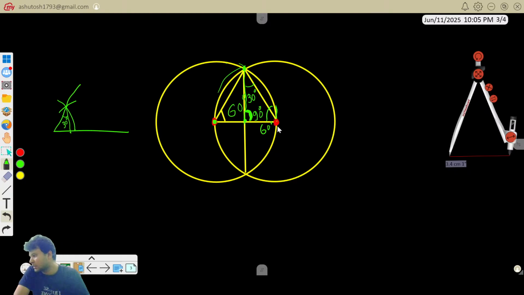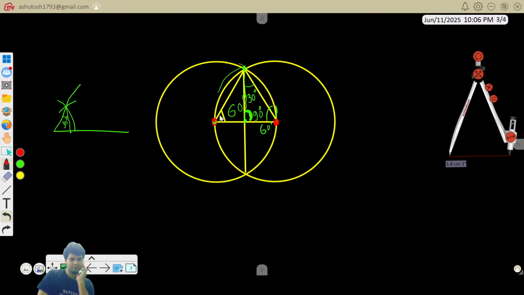Now, some other thing also. Now, how can we make 15 degrees? 30 degrees is okay, 90 degrees, 60 degrees, everything is okay. Now, imagine what fundamental we can actually use for making 15 degrees here.